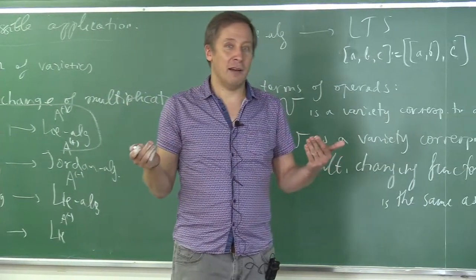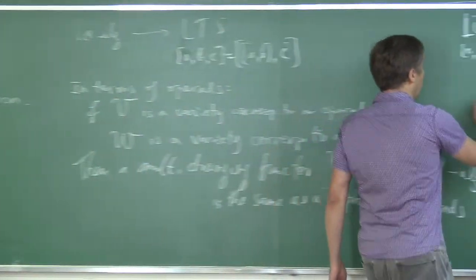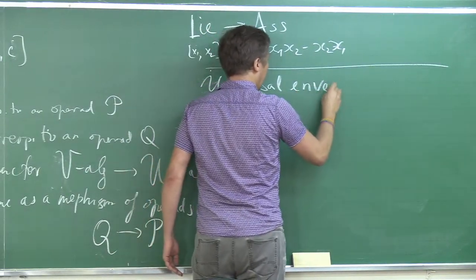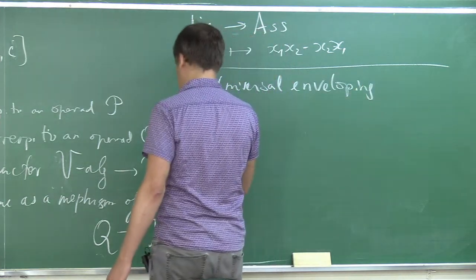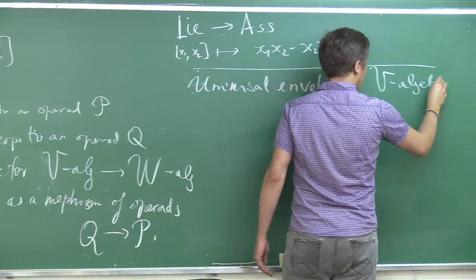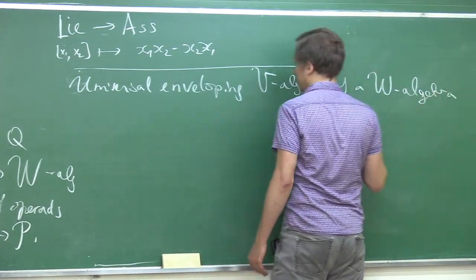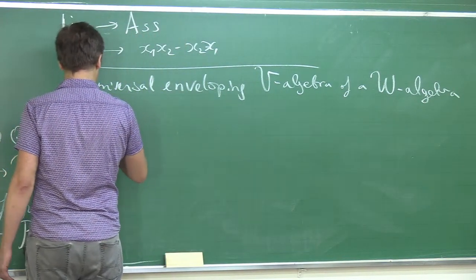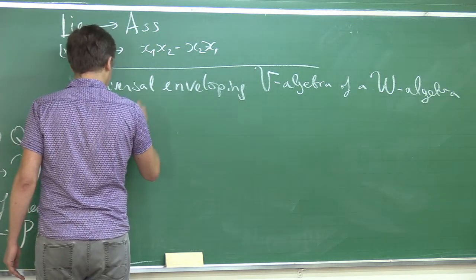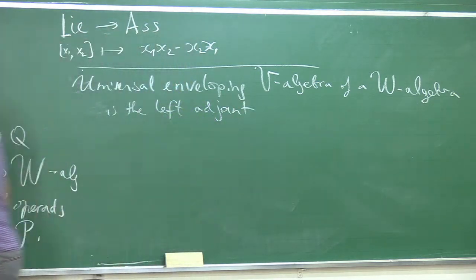So somehow, formally we can talk about the left adjoint functor, the functor of change of multiplication, the construction of the universal enveloping V algebra of a W algebra, which is the left adjoint of the functor of change.